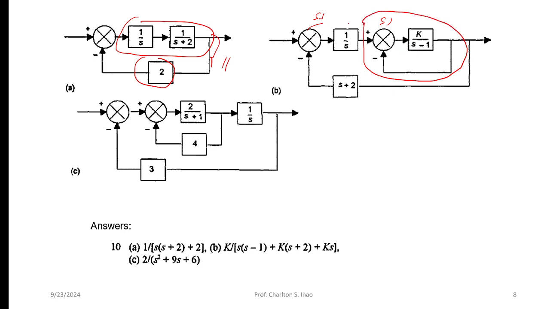Once we simplify this, it's going to be in series. For example, if we simplify this into one block, then this one and this one are just arranged in series. Then we can multiply one with the other, and then there's feedback here. It is the H.